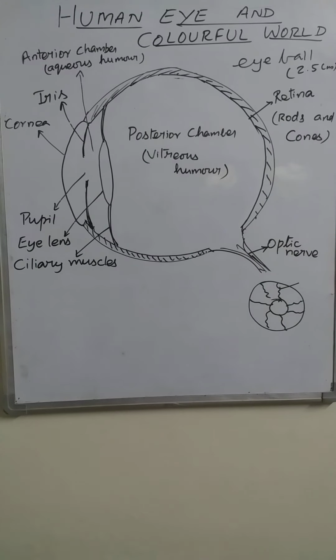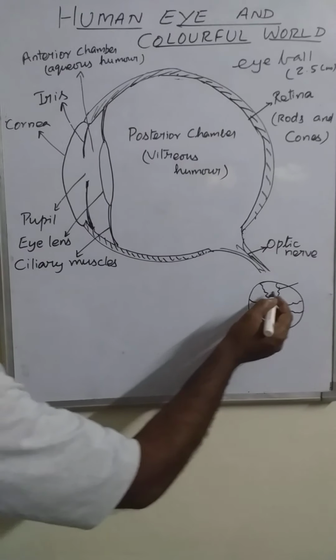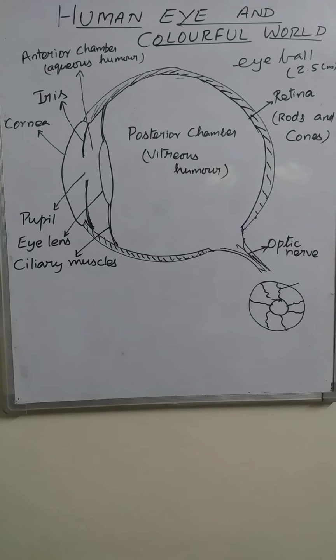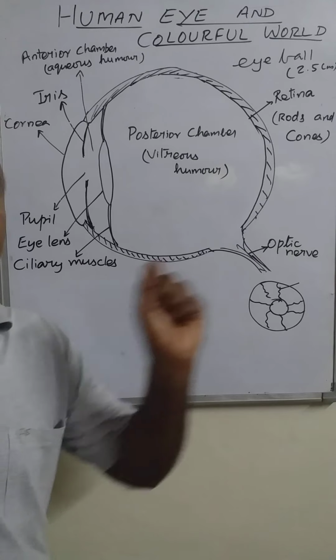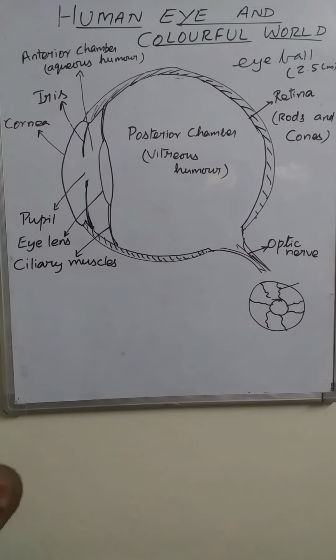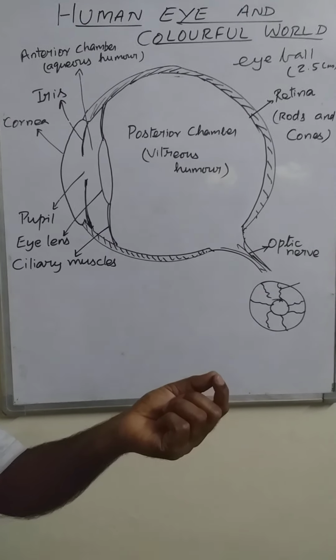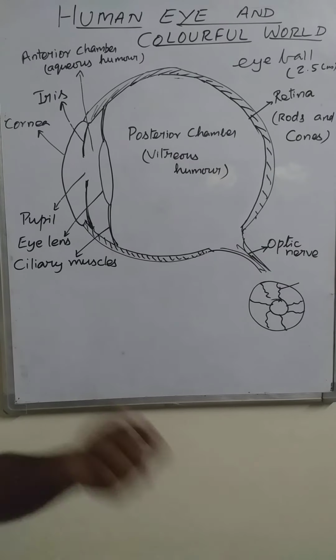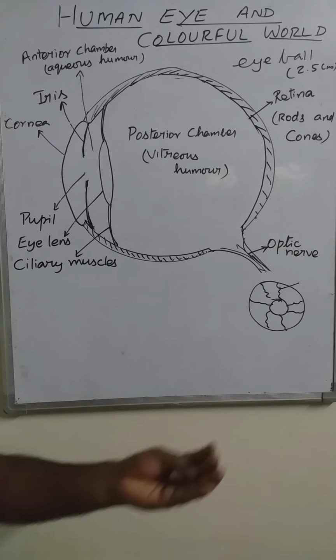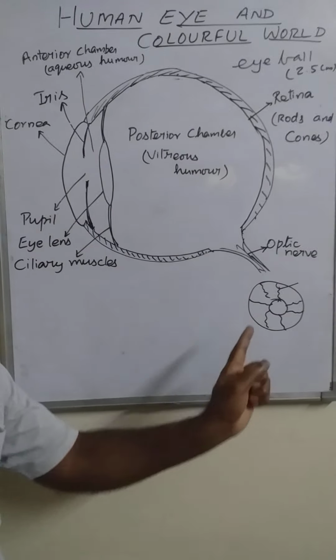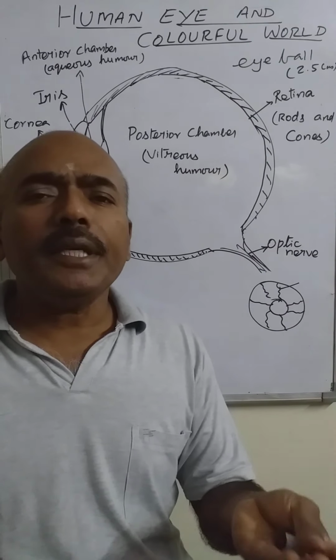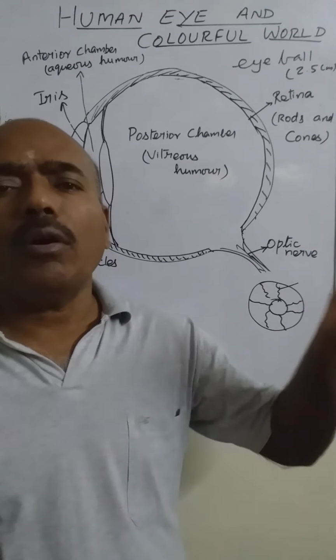Different colors are there. And the iris is able to change its length according to the light coming from outside towards our eye. The brightness of light coming towards our eye may be brighter or less bright.